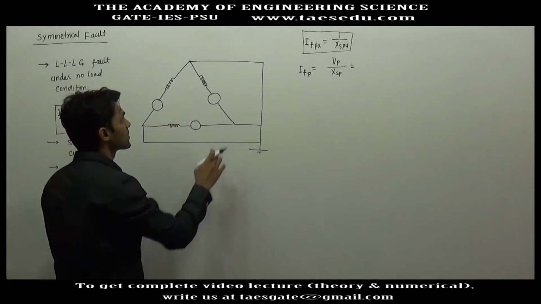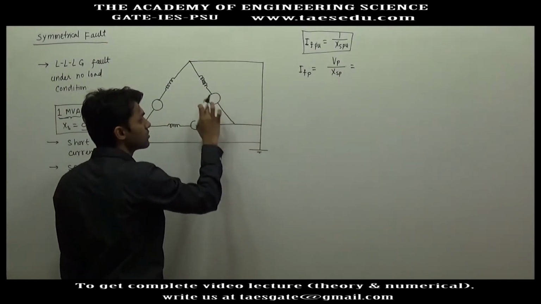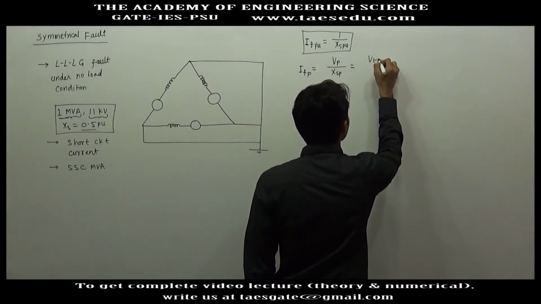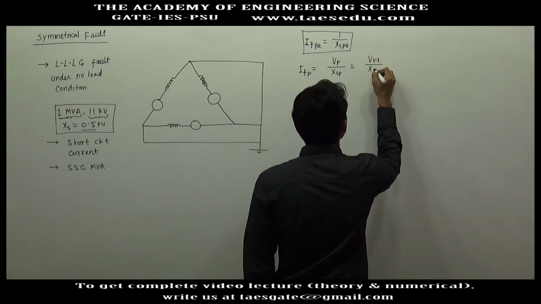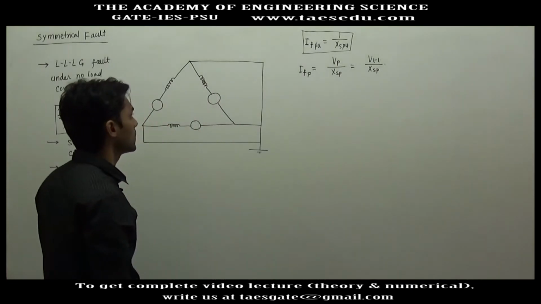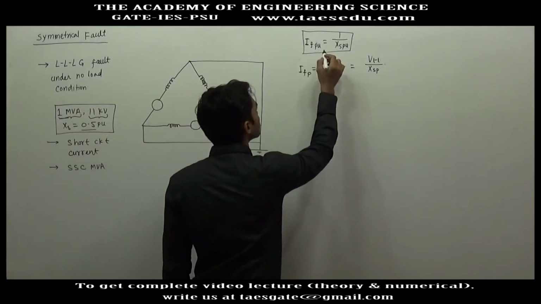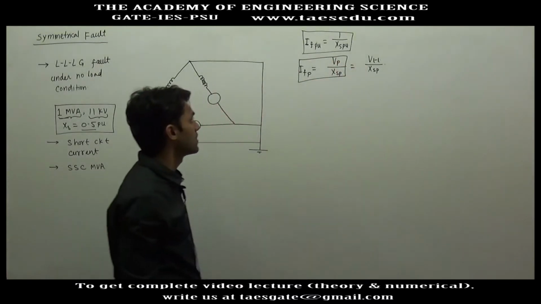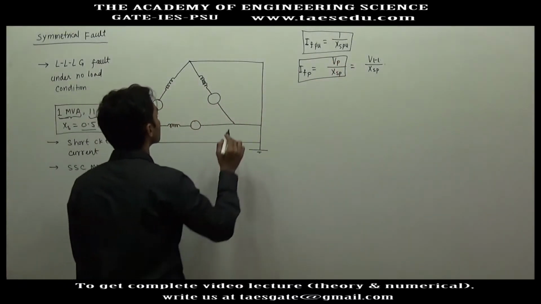In case of delta connection, line to line voltage equals per phase voltage. So this will be VLL divided by the per phase reactance. And how did I write this equation? Fault current equals phase voltage divided by per phase synchronous reactance.